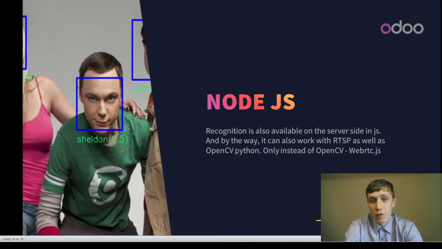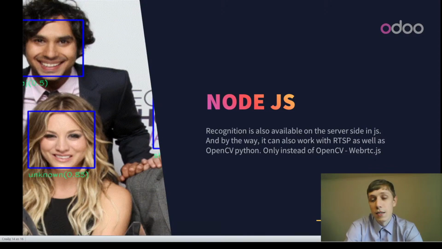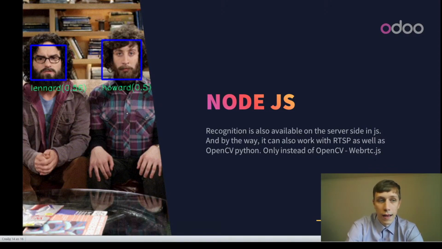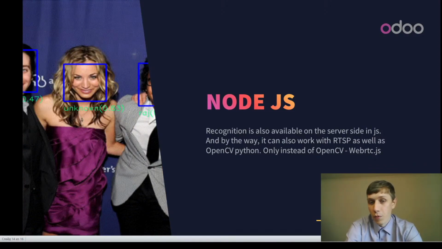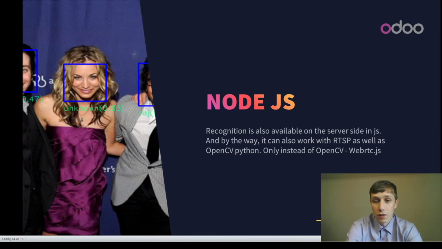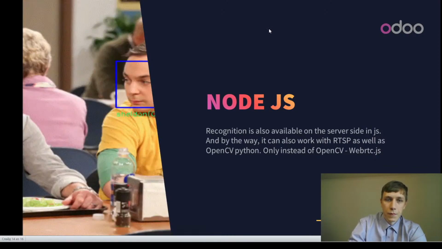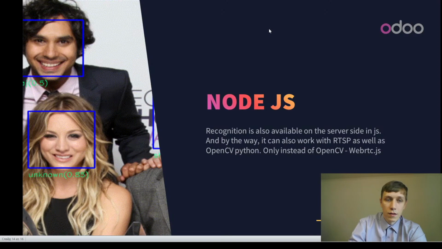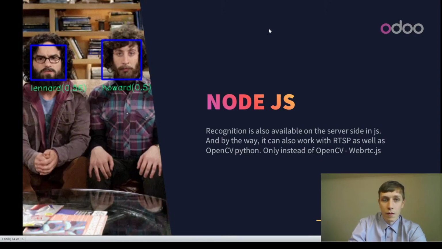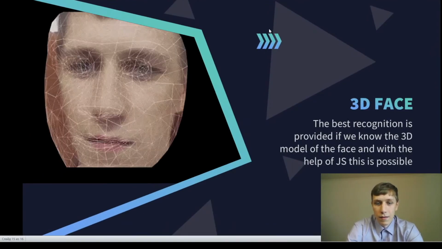The advantage of Node.js is that writing code for a video card is easier, because code for GPU and processor has no difference. Okay, it's a good example of Node.js recognition.